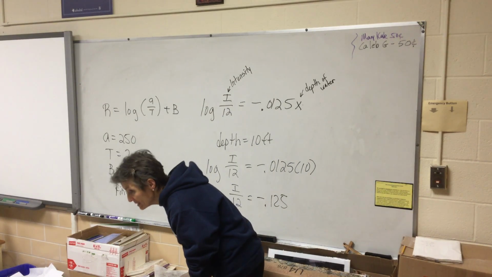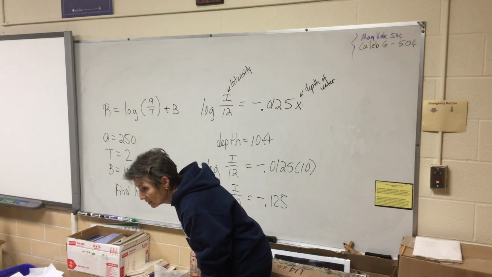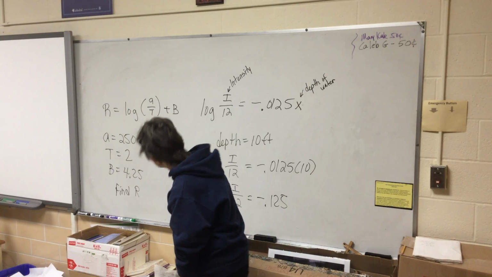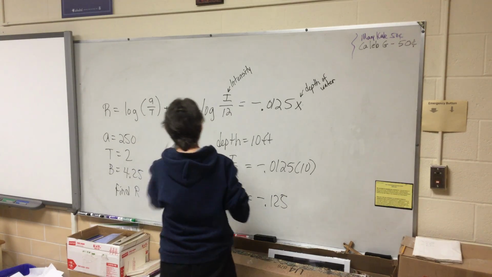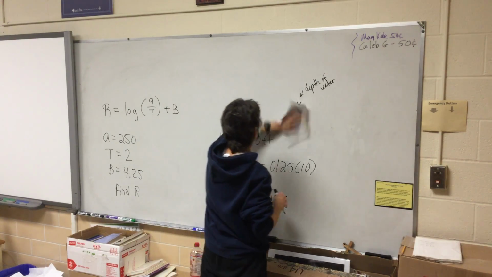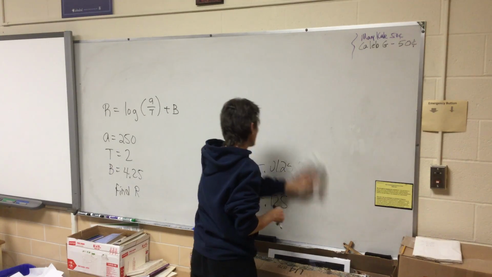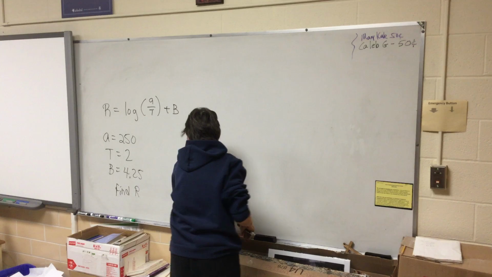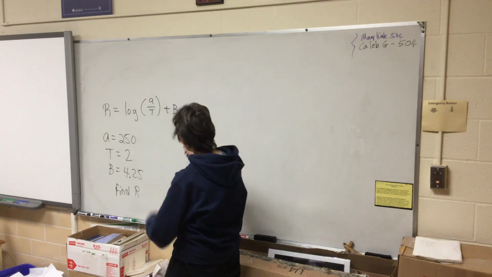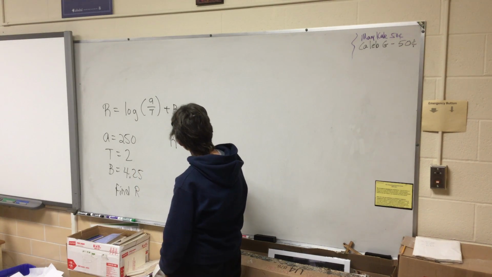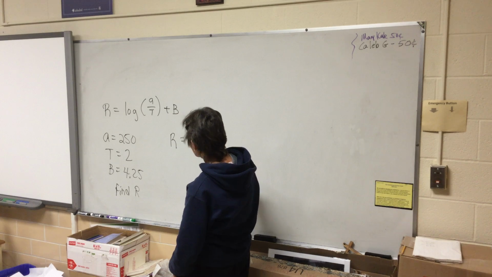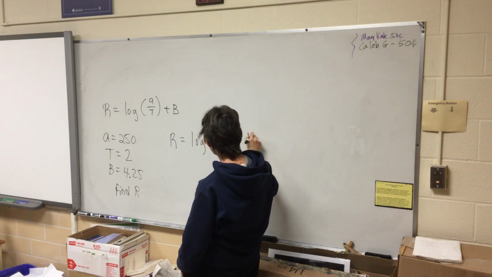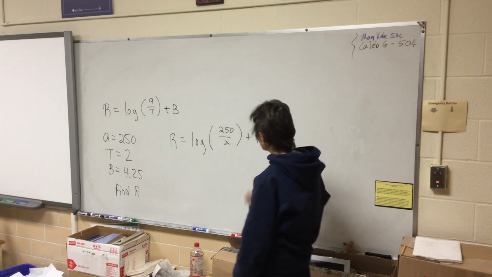This one's so easy. What do you think I'm going to do? Plug. Yeah, I'm just going to plug all this stuff in, and then I'm going to go to my calculator and type it. So this is way easier than the one we just did. This one's a straight plug-in. So R equals the log of 250 over 2 plus 4.25.